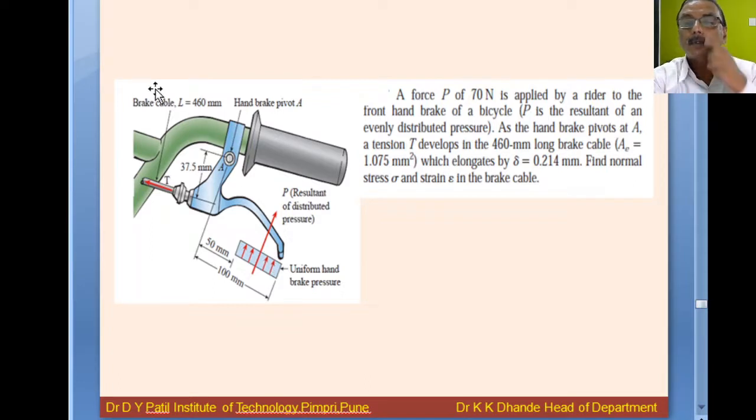This is the section for that. P is acting, and on the bicycle cable, the tension T is applied here. When we operate this lever, the cable will be pulled, a tensile force acts on it, and tensile stress is induced in that cable. When we apply the force, this cable elongates, meaning a change in length of 0.214 mm.